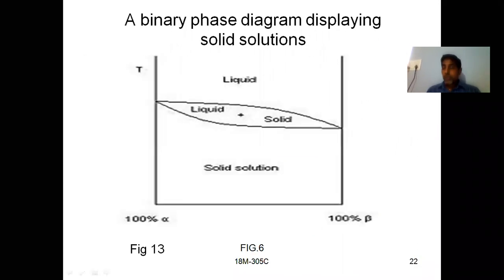If you see the phase diagrams, here you have different phase diagrams. This is a liquid, and here you have liquid and solid and your solid solution. This is 100% alpha and this is 100% beta.